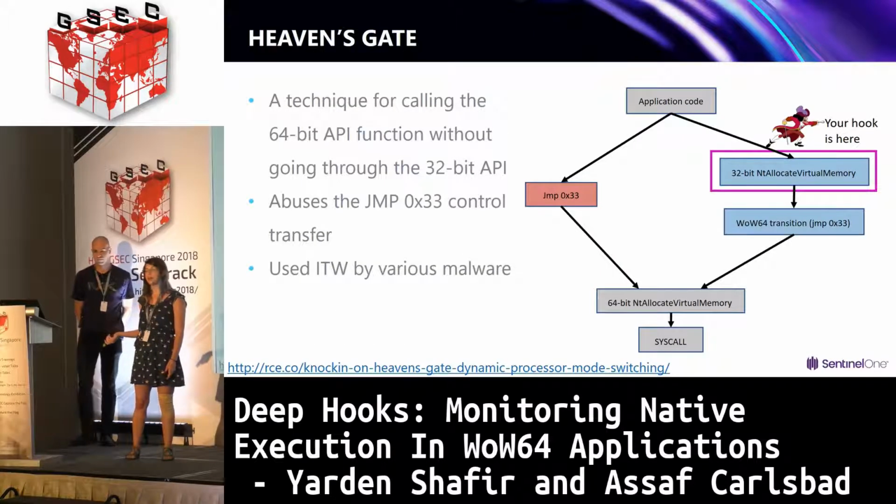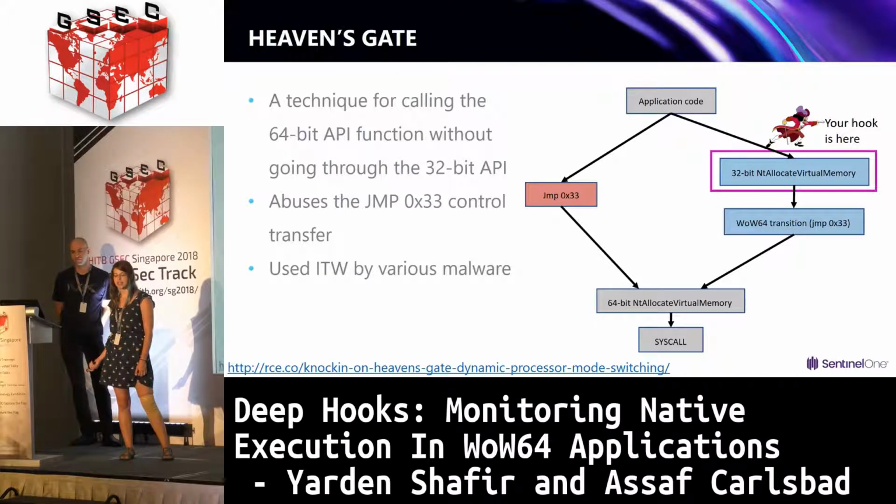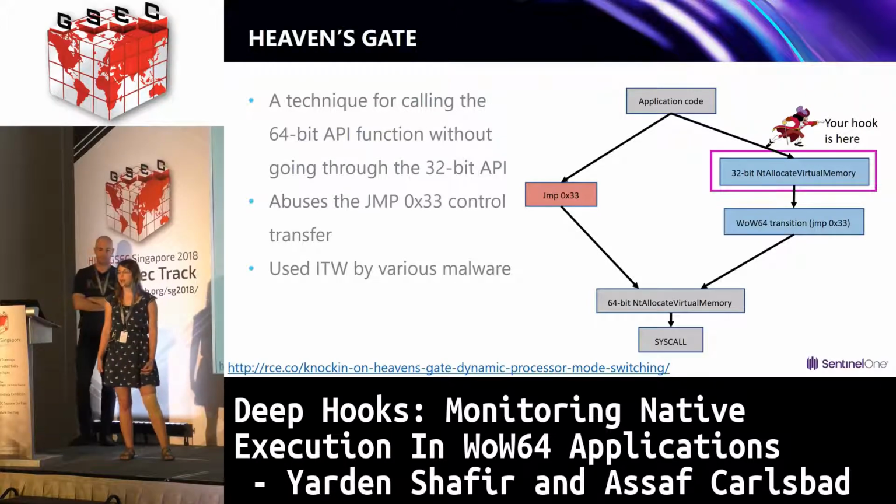Now, let's go back to a bypass I mentioned earlier. There is a whole family of bypasses that target the WoW64 mechanism, all work in pretty similar ways. The most well-known and most commonly used one is called Heaven's Gate. It was first published about 10 years ago, and since then was seen in the wild in lots of different types of malware as a bypass technique. How does it work?